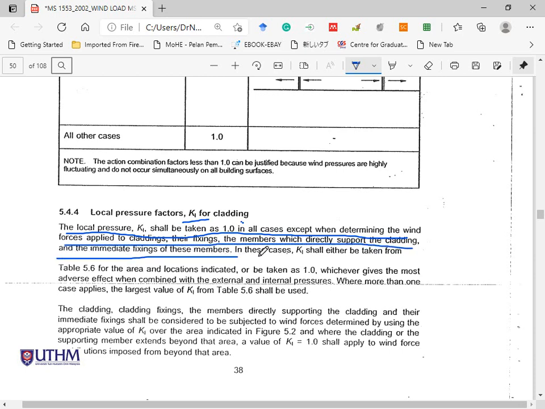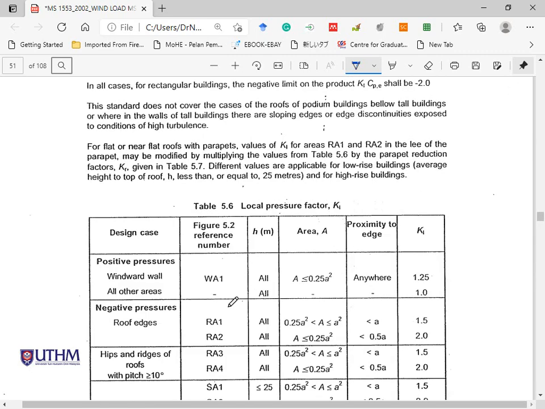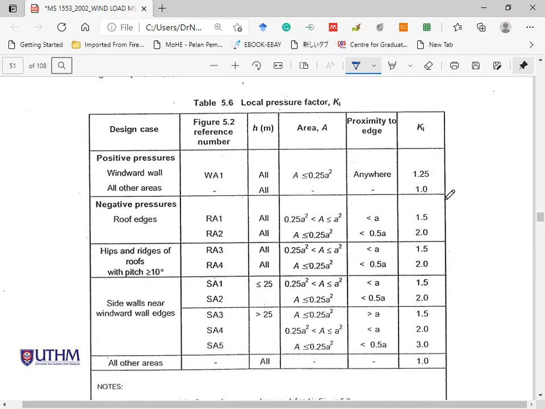For these cases other than 1, the K1 shall either be taken from table 5.6 for the area allocation indicated, or be taken as 1, whichever gives the most adverse effect when combined with the external and internal pressure. So this is table 5.6.